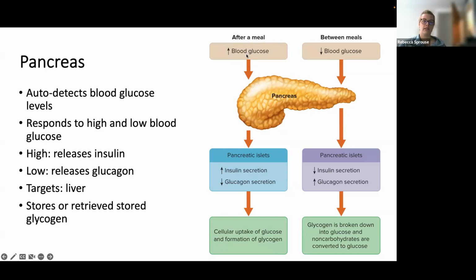All those carbohydrates that you just ate are being broken down into their monomer of glucose. The pancreas senses that, and those little islets, which we know from histology now in the part 1 lecture, release insulin and turn off or way down the glucagon. We're going to get to glucagon in a second, but we're going to increase insulin.